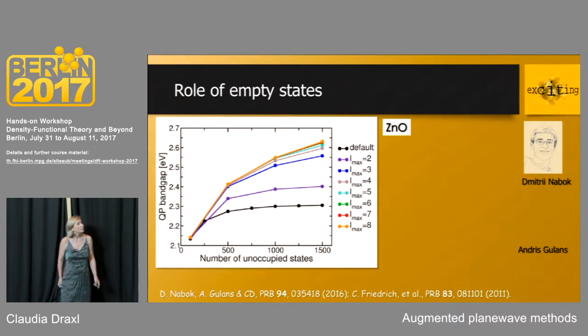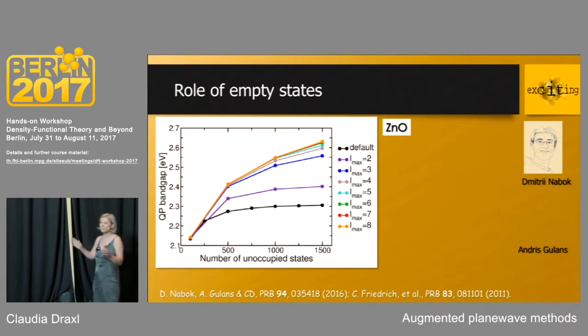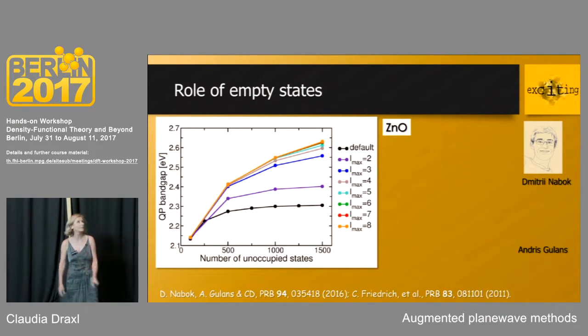And this is what we get then for the band gap of zinc oxide. I mean, this was a debate forever. What is the band gap of zinc oxide? Historically it has always been much too small compared to experiment. Then there was a famous paper saying, okay, you just need to increase your basis set and then you get where experiment is.